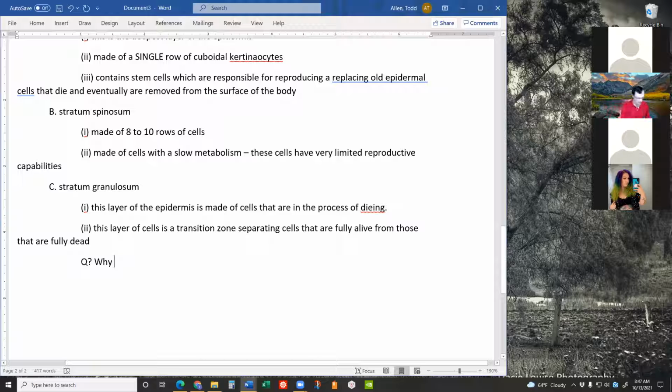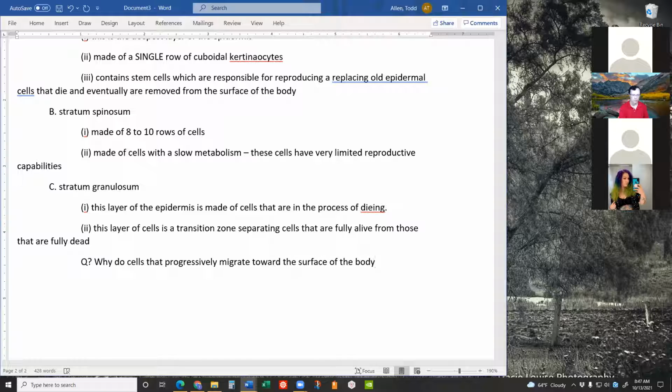Okay. Let me get that question into your notes. Why do cells that progressively migrate towards the surface of the body start to die?